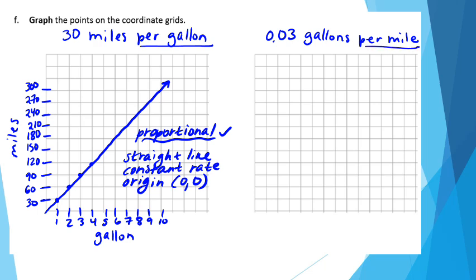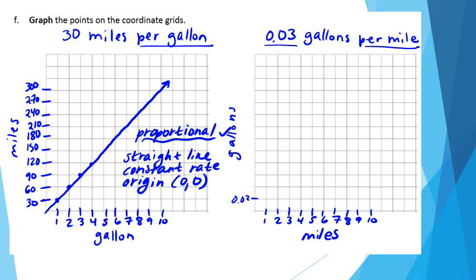So this is per mile, so I'm going to set up miles along the x-axis. And I'm just going to go by ones, again, up to 10. And then the other side is going to be gallons. And I'm going to use this kind of factor to grow by. So again, just for the sake of making it simpler, let's make it about 300ths.